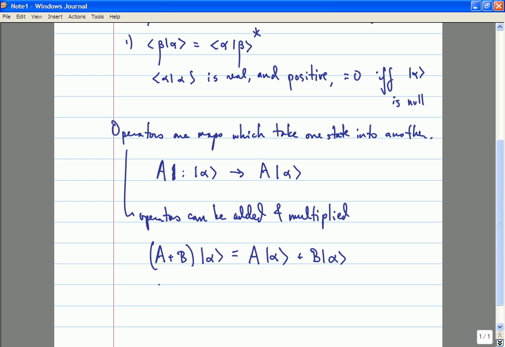And likewise, the product operator A times B is defined to be the operator that takes alpha into A acting on the state B times alpha.